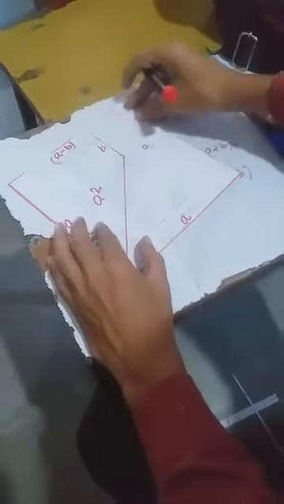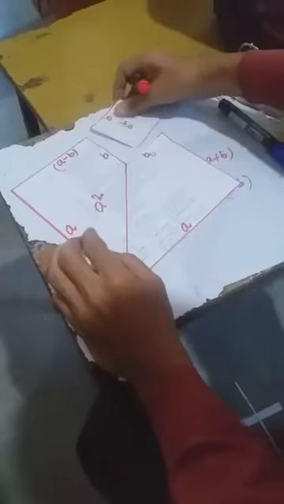This is the part of a square minus b square. After subtracting this b square, this is the part of a square minus b square. That is equal to a plus b into a minus b, the area of this rectangle.